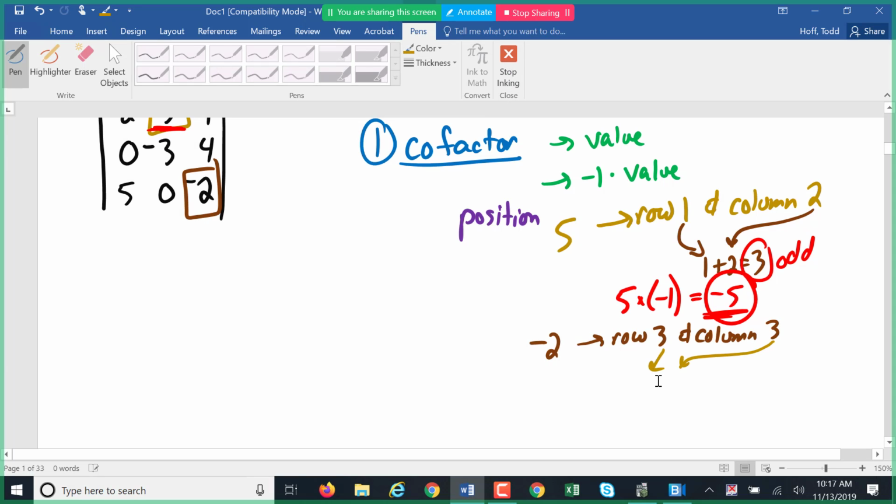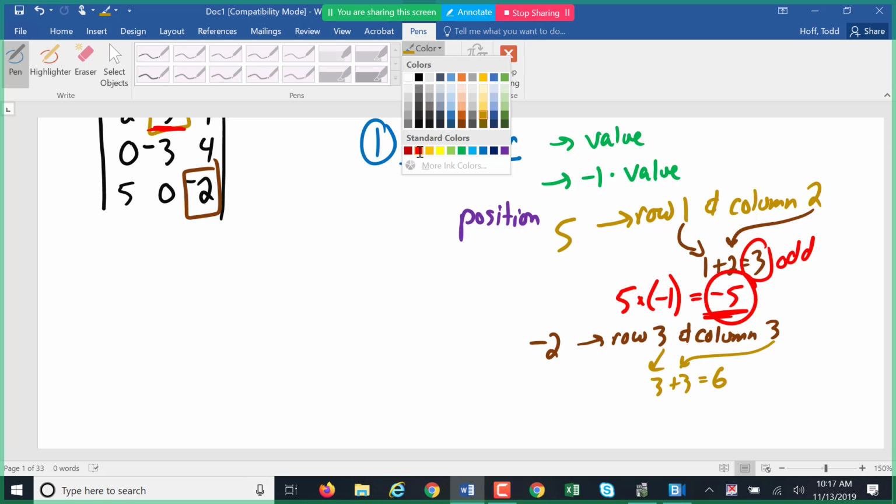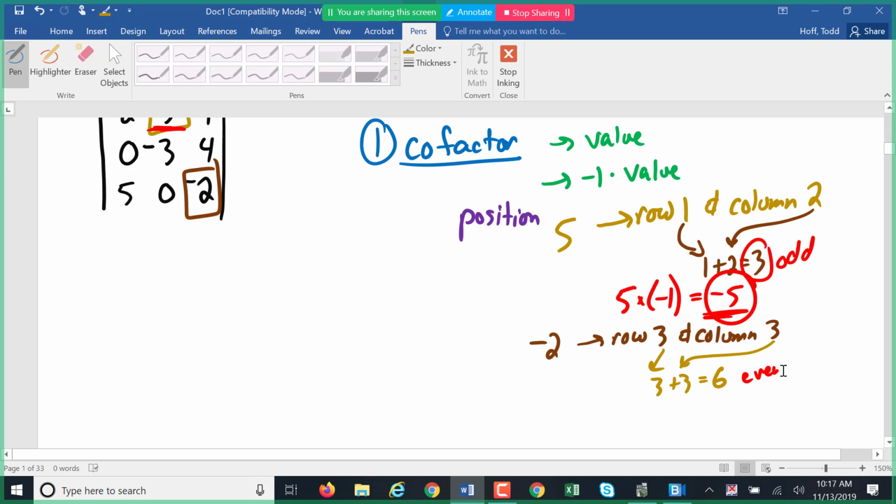If we add those together, 3 plus 3 equals 6. That's even. So since that's even, it's just the entry. So the cofactor for negative 2 in that matrix is just that value, negative 2.